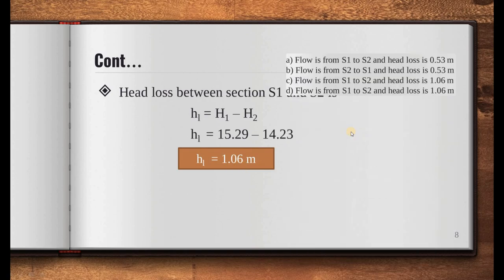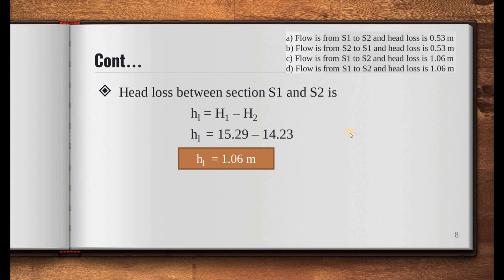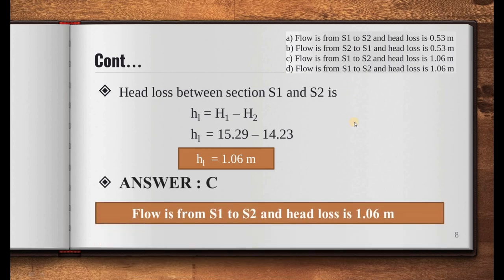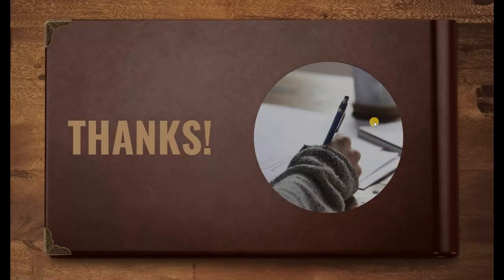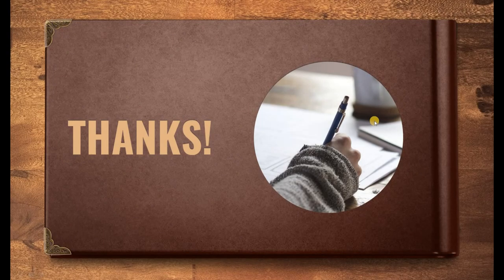Already we have seen the four statements, and the correct one is option C: the head loss is 1.06 meter and the flow is from S1 to S2. So the answer is C: flow is from S1 to S2 and the head loss between the two sections is 1.06 meter. So the answer is C. Thank you for watching this video.